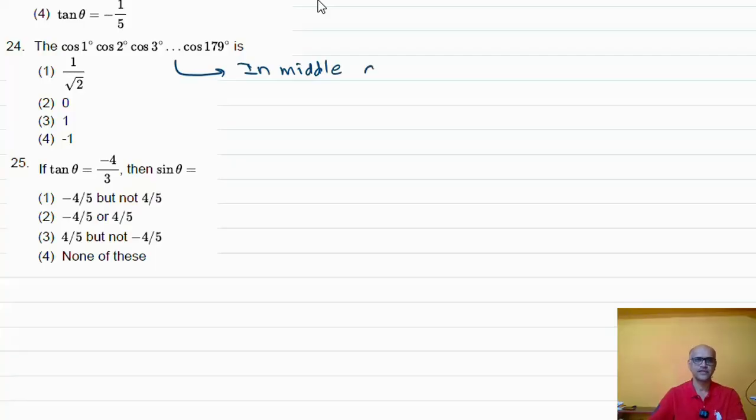Cos 90 is 0, so 0 multiplied by anything will again be 0. So the answer is 0, option 2. So cos 90 comes in the middle of 1, 2, 3, 4 and so on. Whatever you multiply with 0, you will get 0.